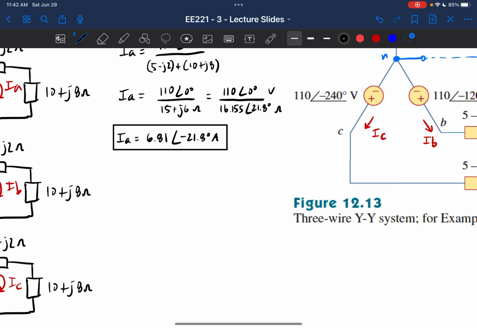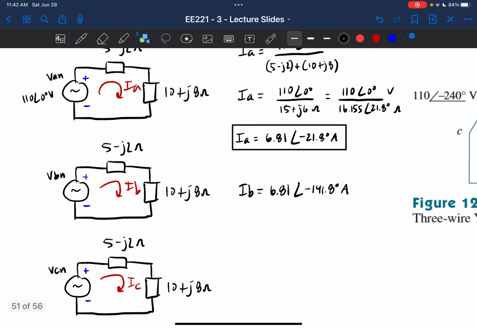But we could also just write that IB is equal to 6.81 angle negative 141.8 degrees amps. That's shifted by negative 120 degrees because my VBN is shifted by negative 120 degrees, and VCN is shifted by plus 120 degrees.